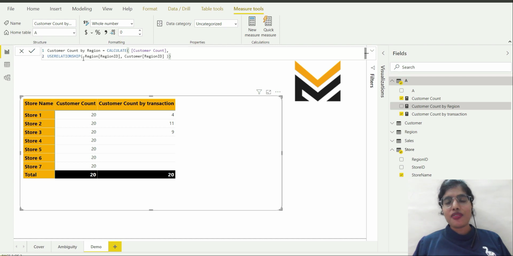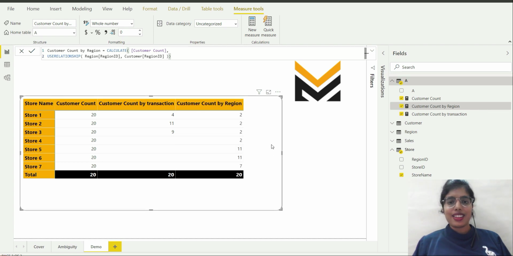I have used the same modifier, the USERELATIONSHIP function of DAX, and in this case I have made use of these two columns, region ID of region and region ID of customer. If I check this, then you can see that now store is able to filter customer count, and I am able to get customer count by region in this particular case.